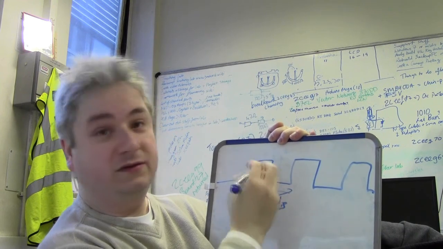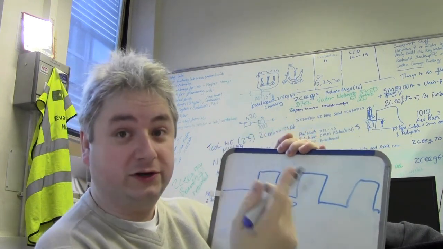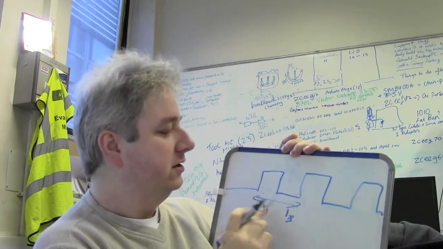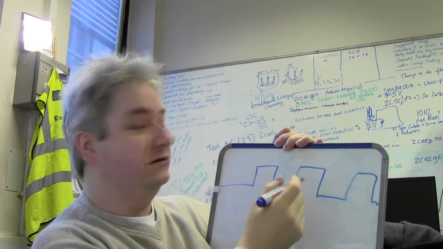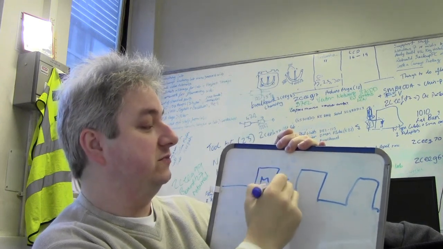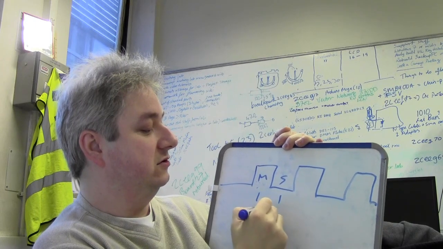This is what we call a duty cycle of 50-50, or a 1-to-1 ratio, because it's an even mark to space ratio. So mark to space, or it could be 1-to-1 or 50% duty cycle.